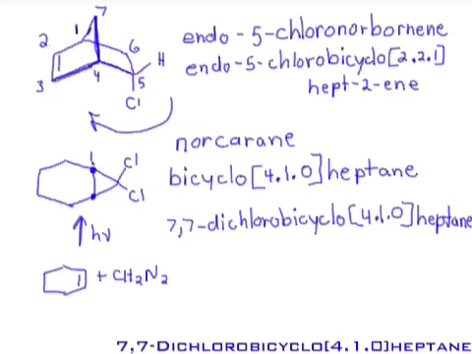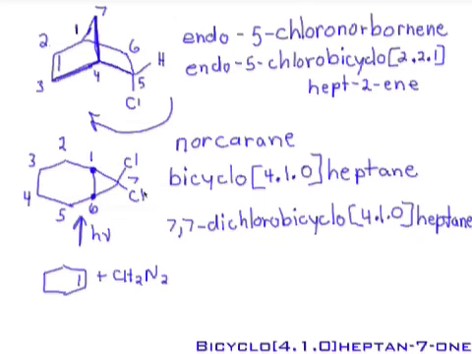You must number around the longest chain first, the longest bridge. It wouldn't matter if there was a double bond O there. Let's put a double bond O there. What if it was this?